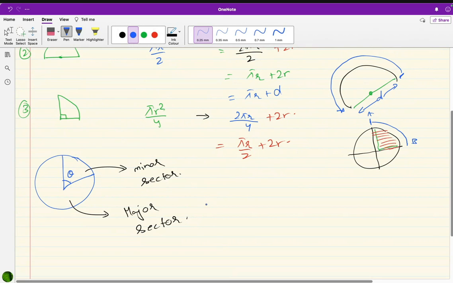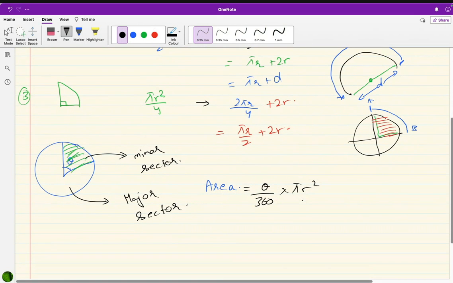So when we talk about the area, let's say I'm talking about this minor, this shaded part. So the area of this shaded sector or minor sector is theta out of 360 of the complete area. Pi r square is for complete, and this is theta angle out of 360.